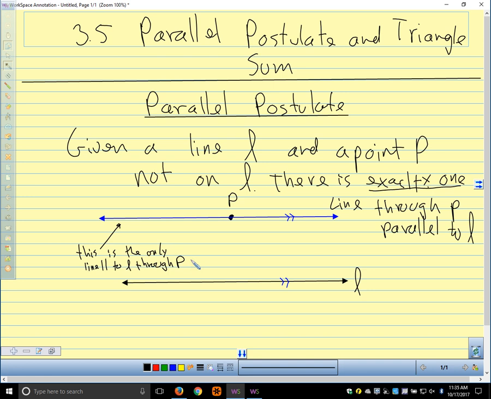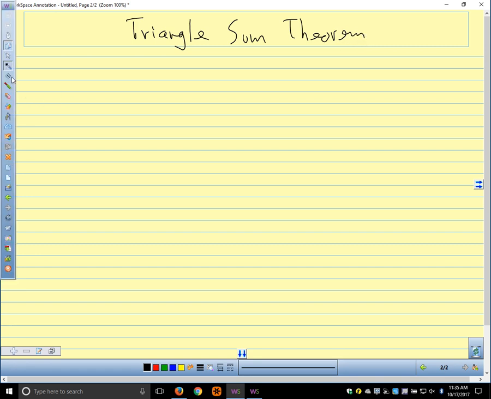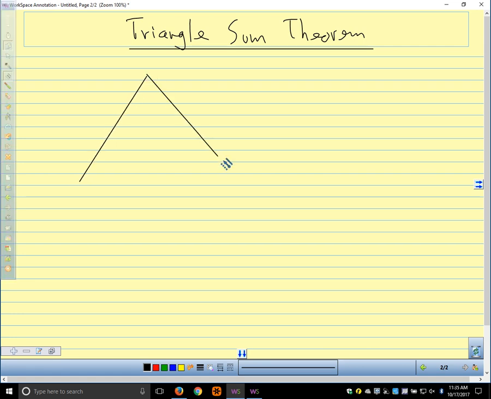All right, now let's talk about triangle sum. Now that we have the parallel postulate, we have everything that we need. The triangle sum theorem. So here's what we're going to do. We're going to start with a triangle, just any triangle, doesn't have to be any kind of special triangle.